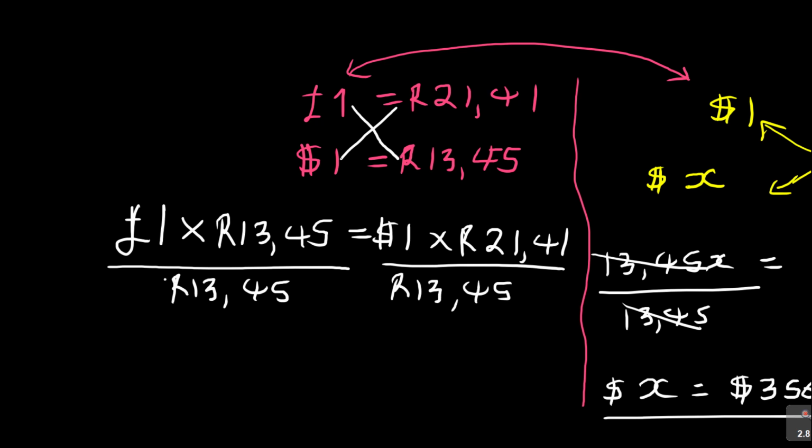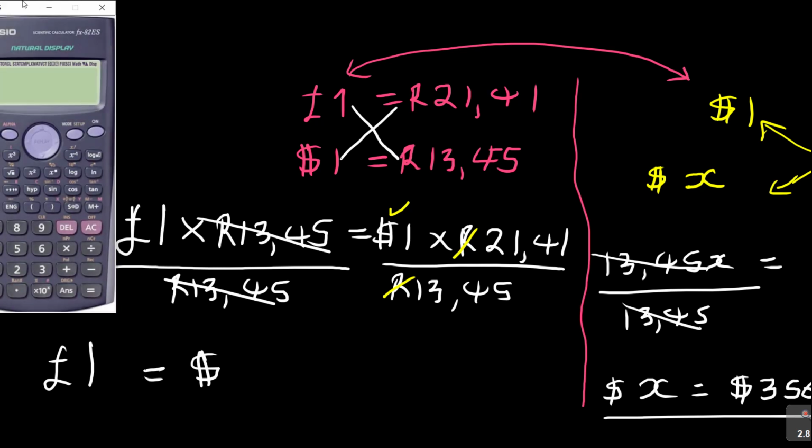When you do this, the rand cancels. We have now 1 pound is what? You are left with dollars, so whatever you're going to find is going to be in dollars. How much is 1 pound in dollars? That's what is actually happening.